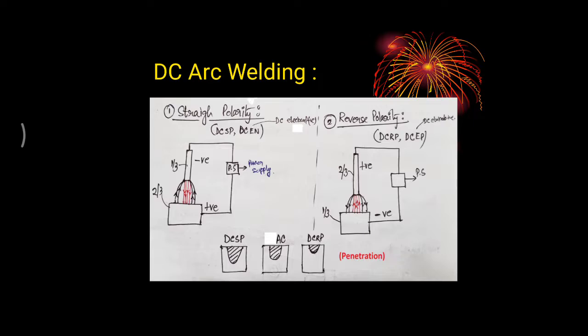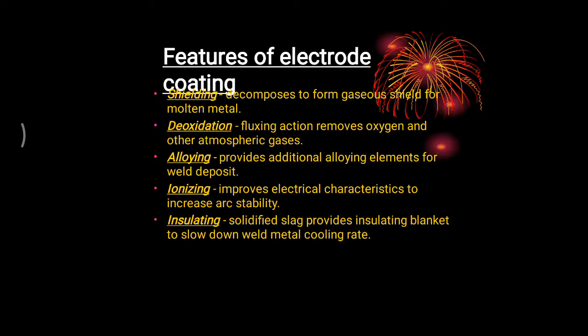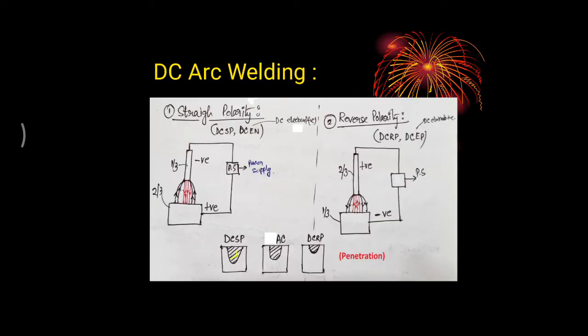DCRP means DC reverse polarity, or DCEP means DC electrode positive. See the three pictures, where the deposition rate is clearly shown. This is straight polarity, with high metal deposition rate in the hatched portion. This is the AC one, and this is reverse polarity where deposition rate is low, but it is highly effective in the 4G or 4F position.